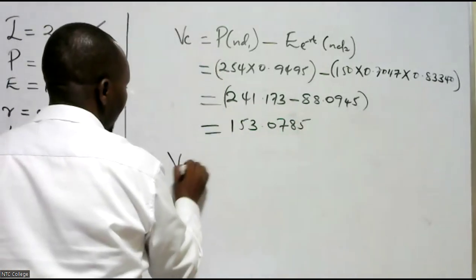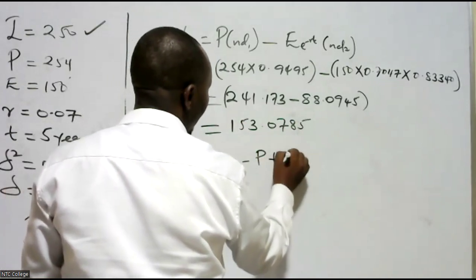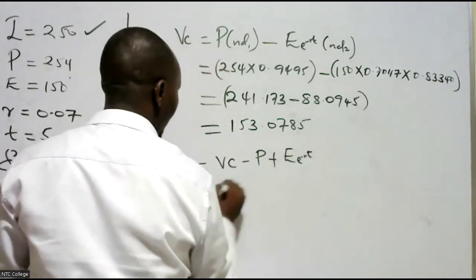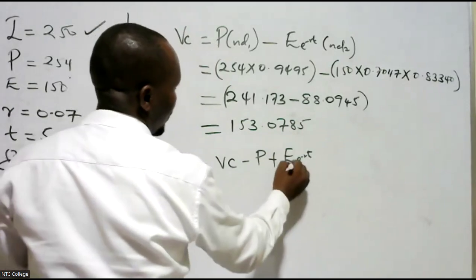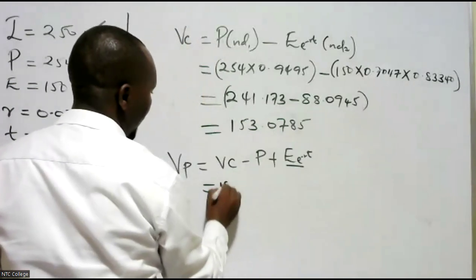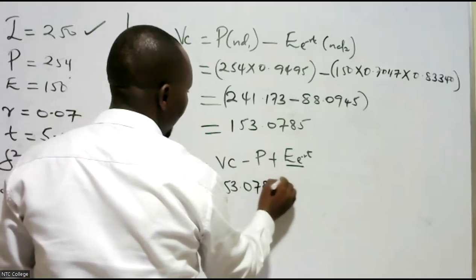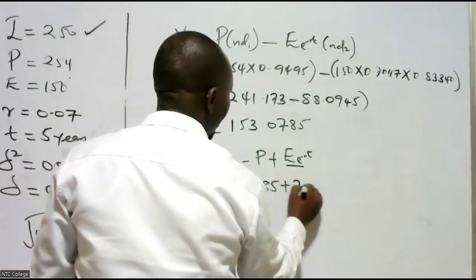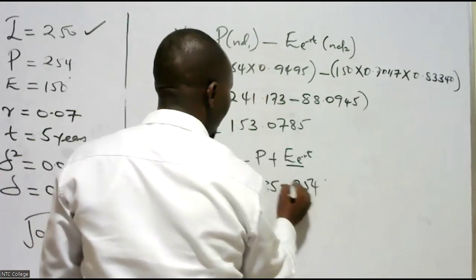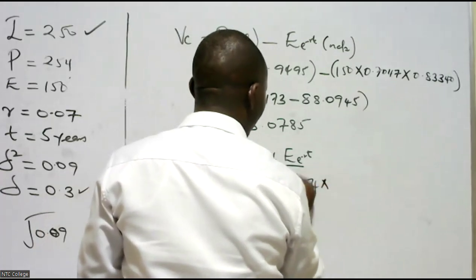So value of put is equal to DC minus P plus this one we know. This times this, so we can have 153.07, plus 254. So minus 254 times.